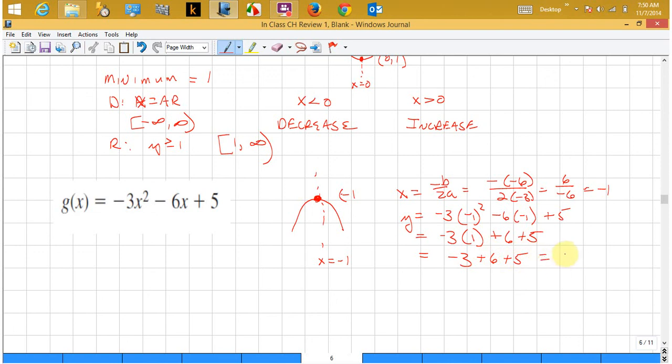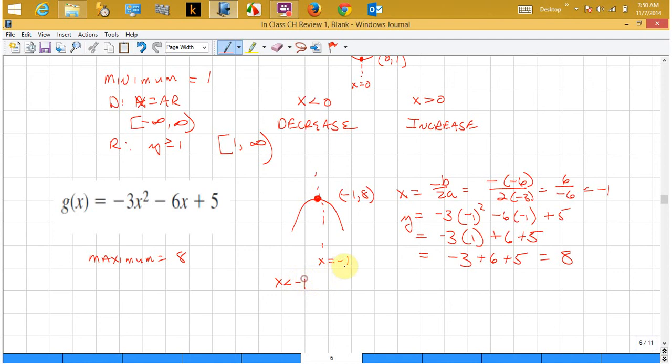That would be equal to 8. So my vertex is negative 1, 8. Since the vertex is a maximum, the maximum value of this equation will be the y value. So the maximum is equal to 8.